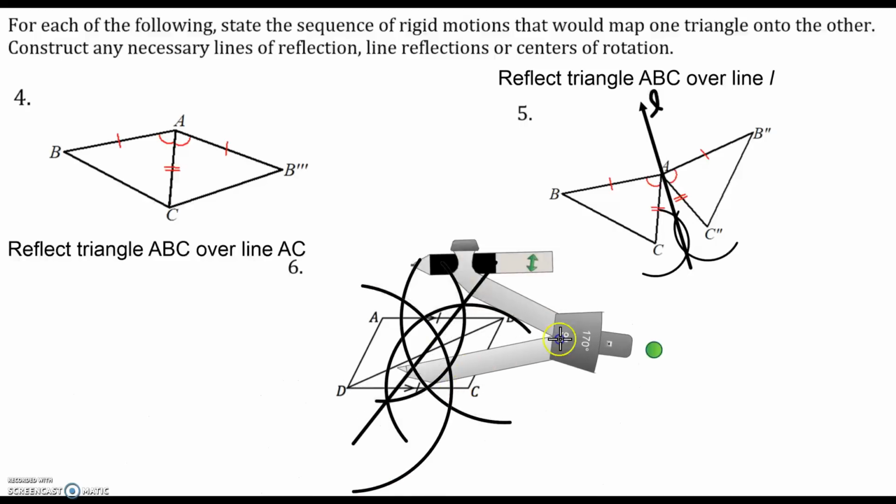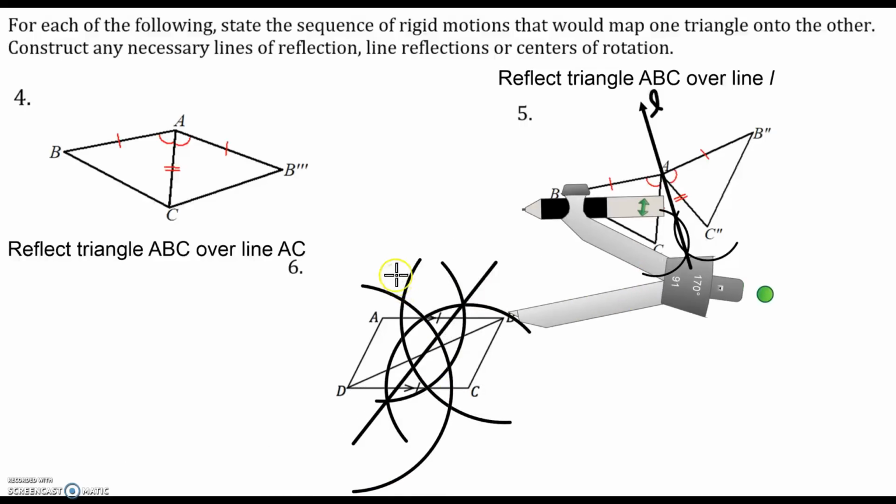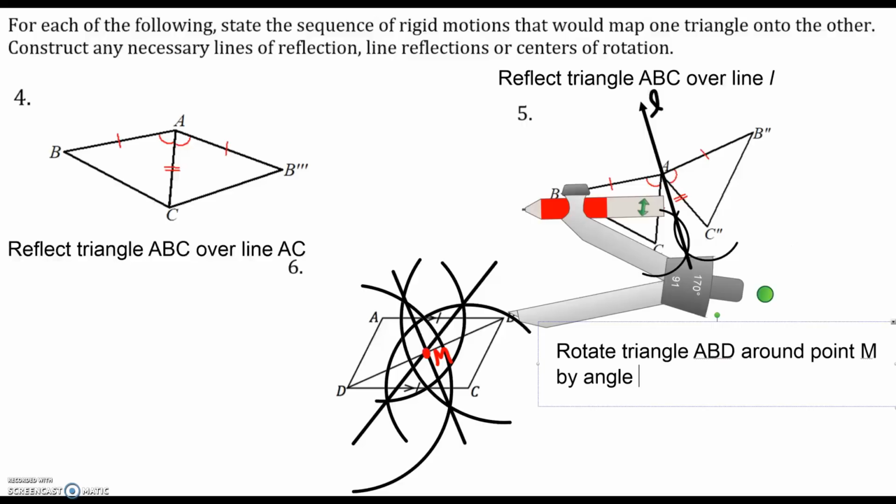And then when we draw that one in there, we will have our center of rotation. If you happen to note, it is the midpoint of BD. And so we're rotating the triangle ABD around point M by angle.